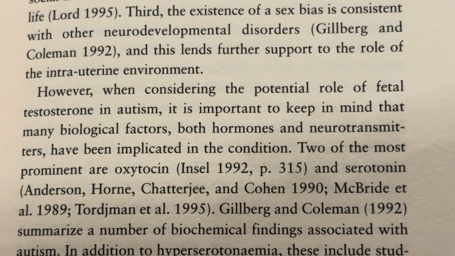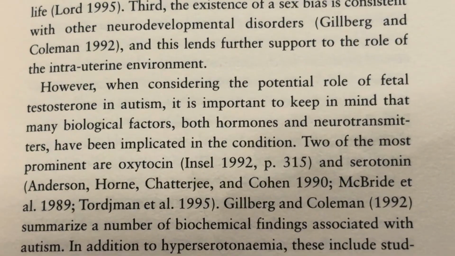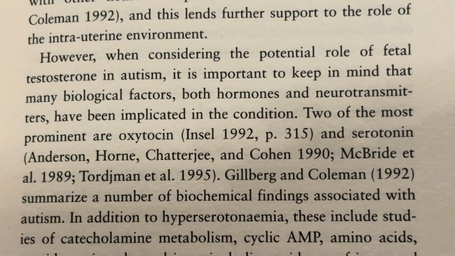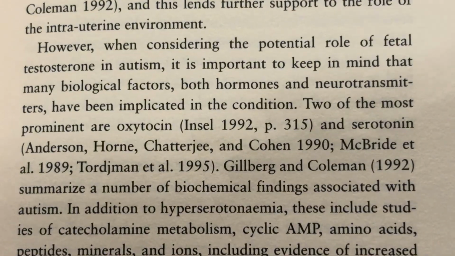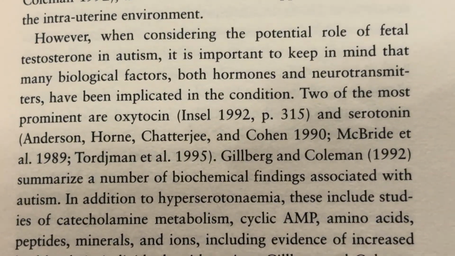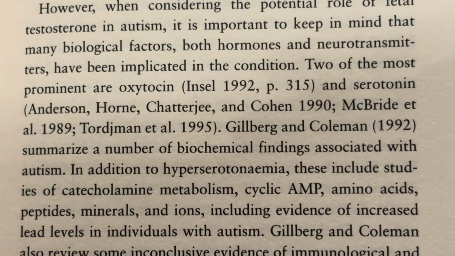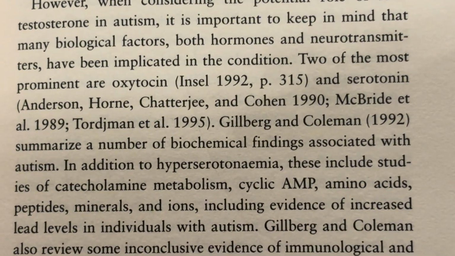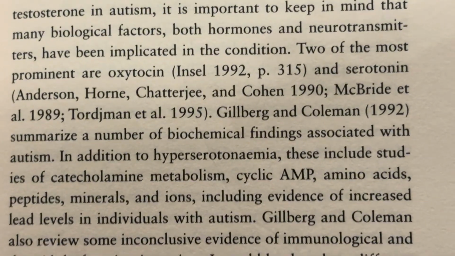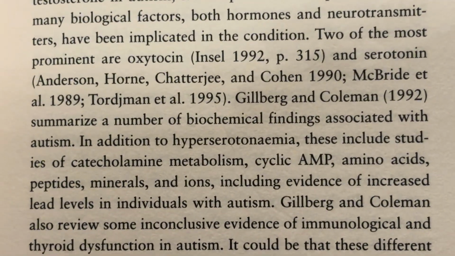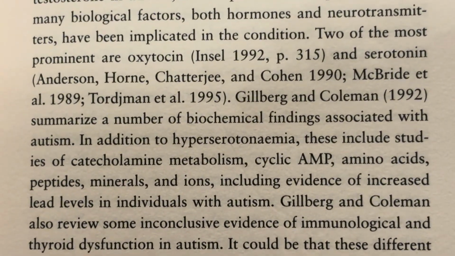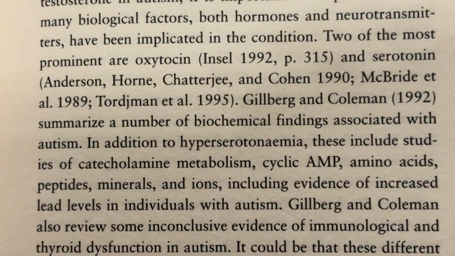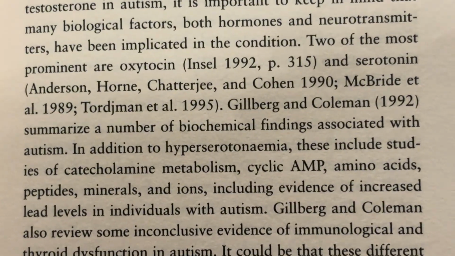However, when considering the potential role of fetal testosterone in autism, it is important to keep in mind that many biological factors, both hormones and neurotransmitters, have been implicated in the condition. 2 of the most prominent are oxytocin and serotonin. Gilberg and Coleman summarize a number of biochemical findings associated with autism, in addition to hyperserotonemia.